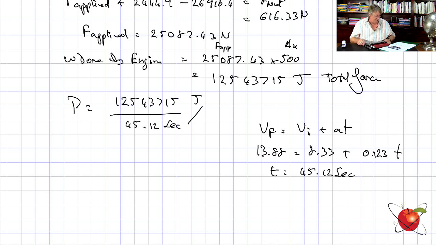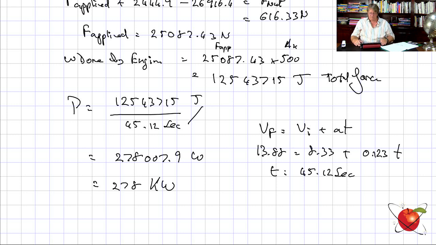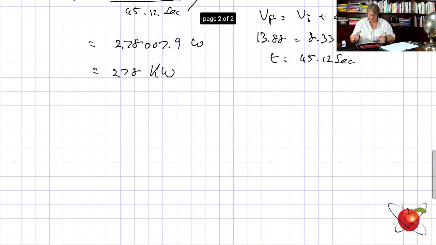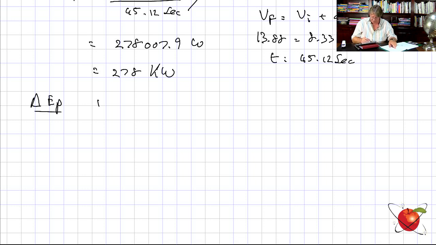Now the next step, I say, okie dokes, therefore the power is equal to 278,007.9 watts, and that is 278 kilowatts. Now, if you look at the change in potential energy, let's look at this bit here. Delta EP. EP is E final minus E initial.